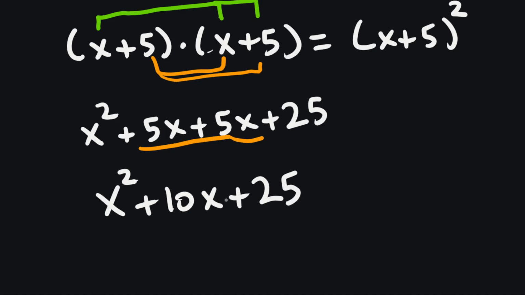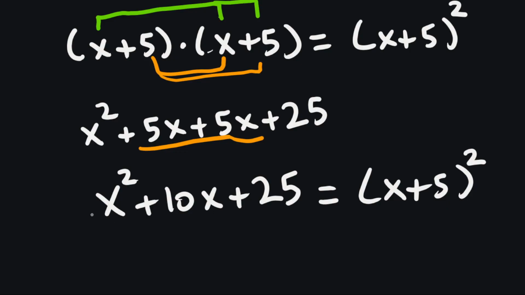Now this is very important. x squared plus 10x plus 25, this trinomial that we've just found, is a perfect square trinomial. The reason it's a perfect square trinomial is because, as we saw earlier, this is equal to (x + 5) squared.